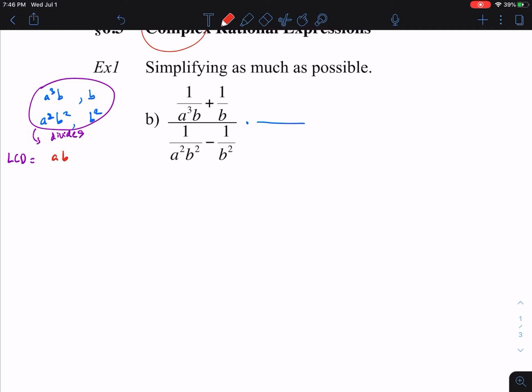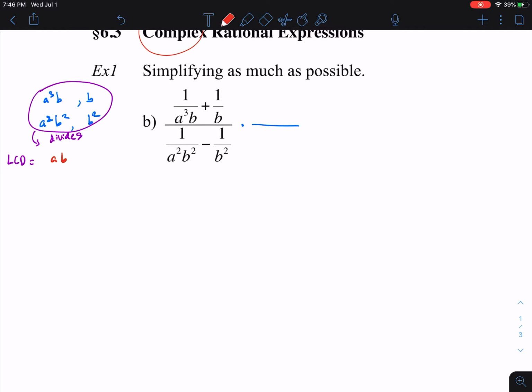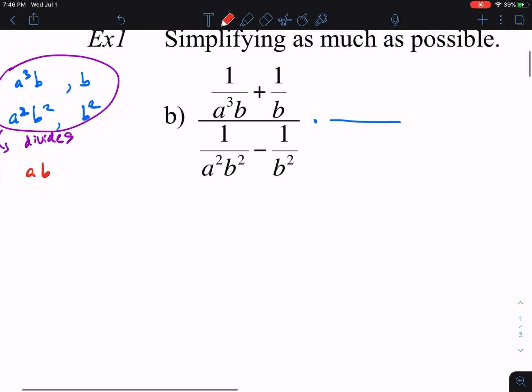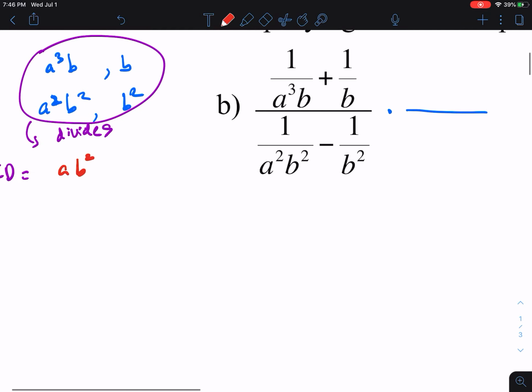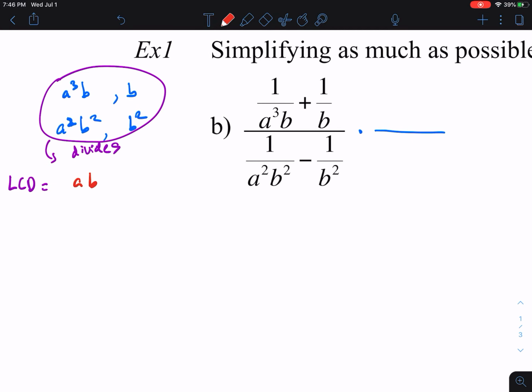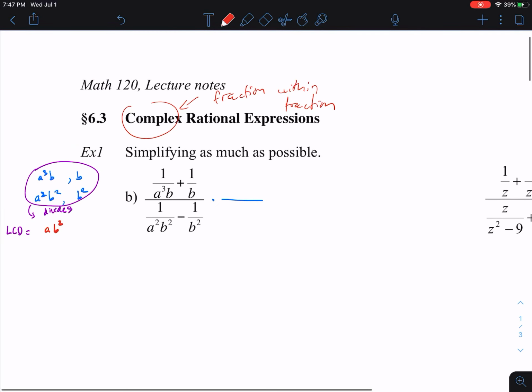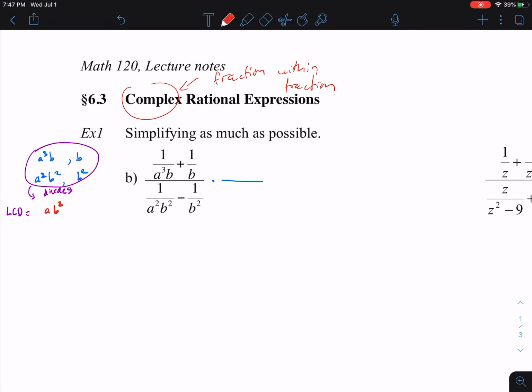Now the question is, what power of a and b? For b, we can look at the power of 2, because that will contain the other b as well. And for a, we look at a to the third, because that will guarantee that all the factors of a are divided. So that's going to be the LCD.